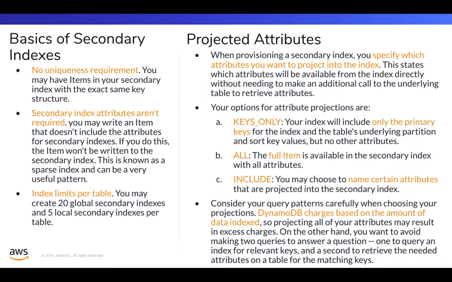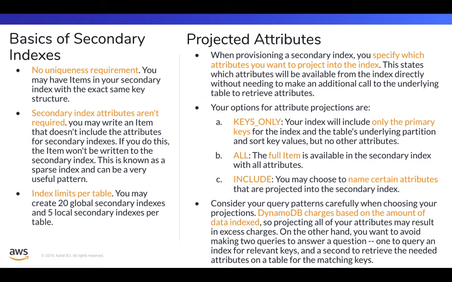So instead of one query, you might have to do two queries to retrieve the second attribute. It's like a cycle of review, change, and review again, so you might have to change the projected attributes quite often.